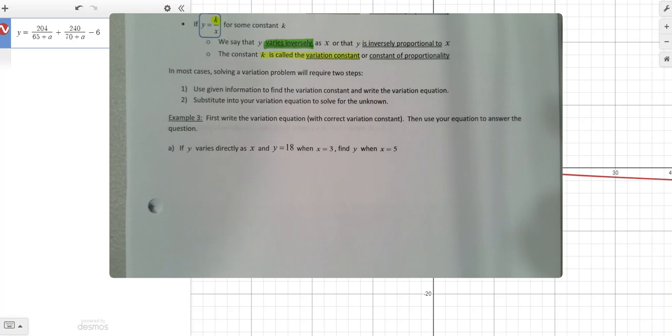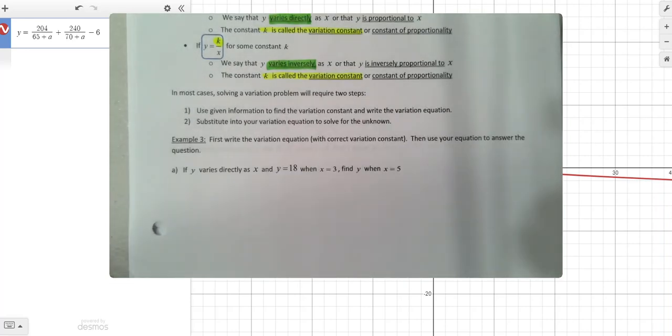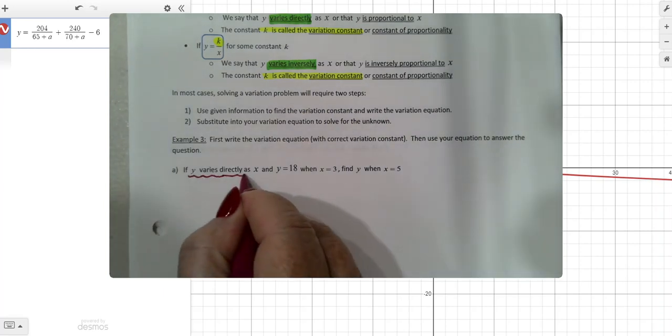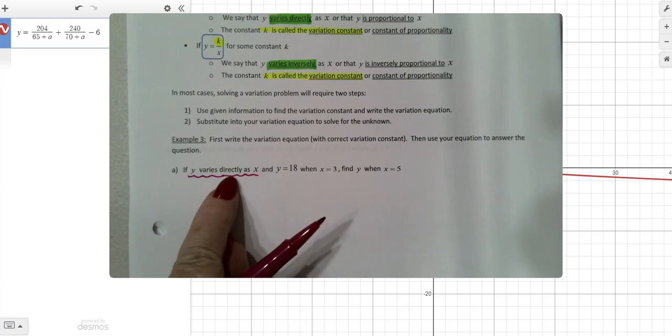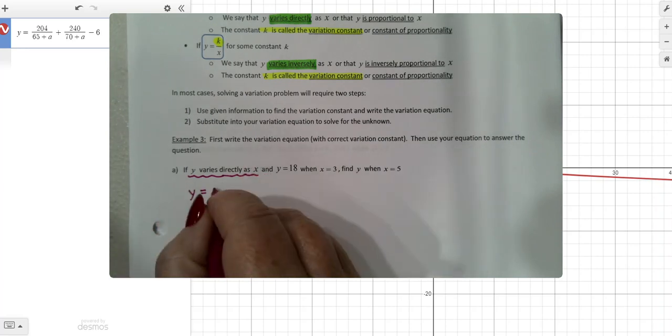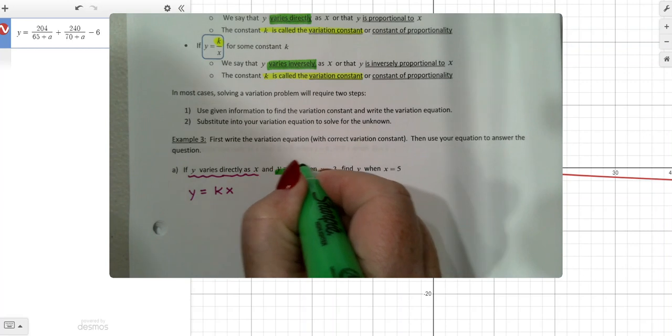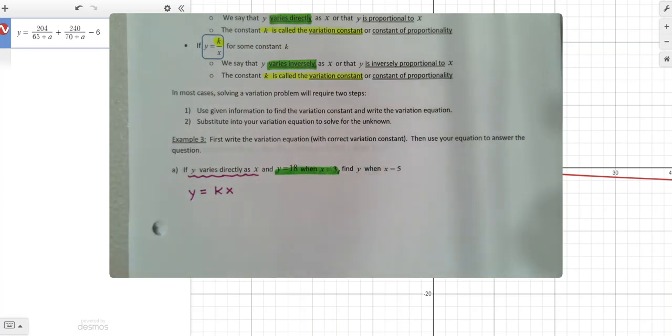In this first example, we're told that y varies directly as x. As soon as I see that, varies directly, I'm knowing that I'm looking at y is equal to k multiplied by x. All right, next they tell me y equals 18 when x equals 3.